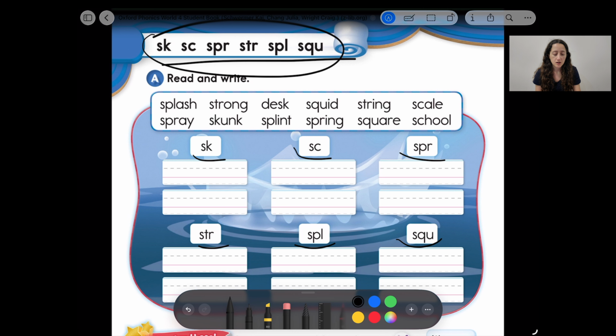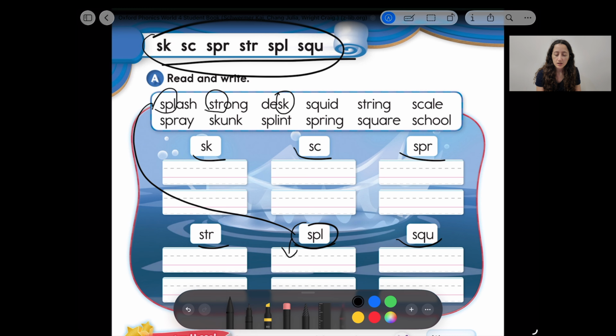So number 1 is splash. So you need to find this one. The next one is strong. Strong. Desk.